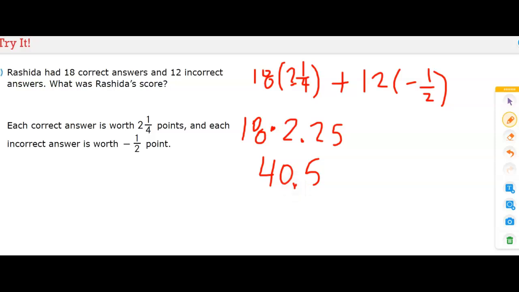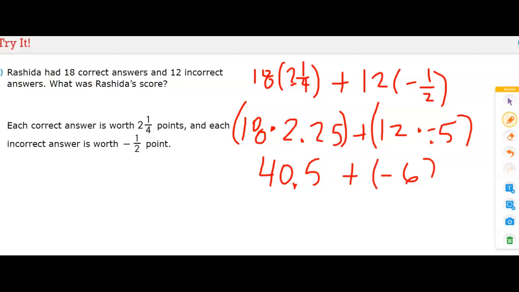So that's her total for her correct answers. And then we have to add the 12 times a half, and a half as a decimal is 0.5, and that's negative 0.5. And again, because it's decimals, we can use a calculator. So 12 times negative 0.5 is equal to negative 6.